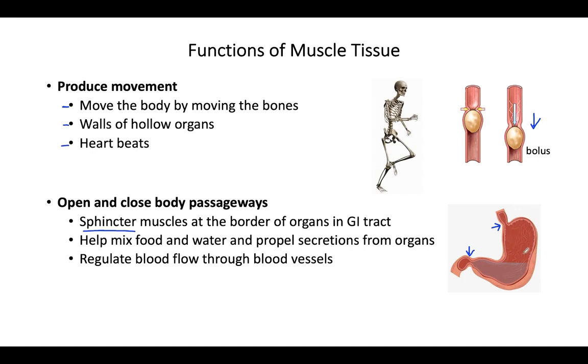Also, this constriction propels secretions from organs and regulates the blood flow through blood vessels, especially by the valve of the venous vessel in the leg. In other words, in the leg, because of gravity, blood easily flows down. The blood running in the veins needs to flow up into the heart, so the blood needs to flow against gravity.